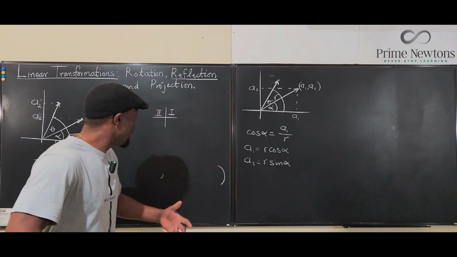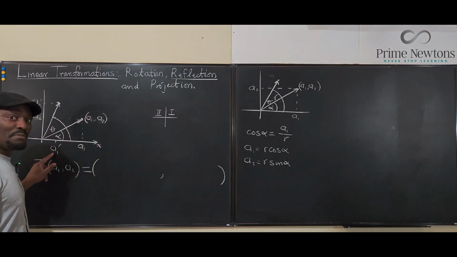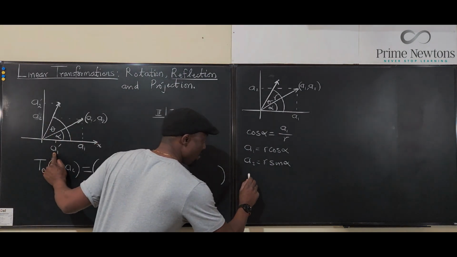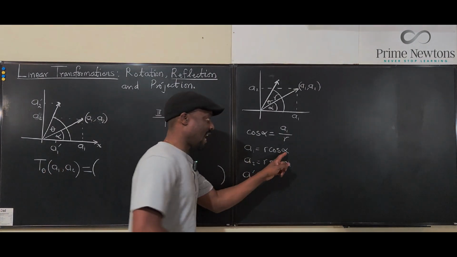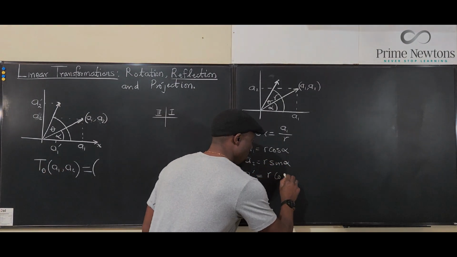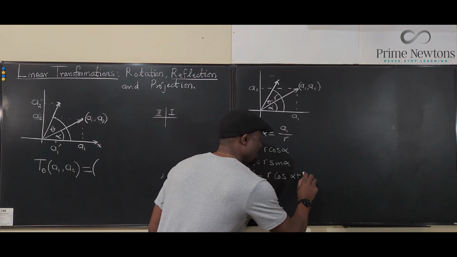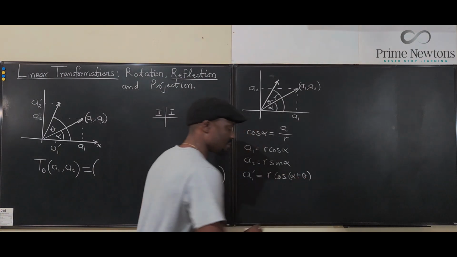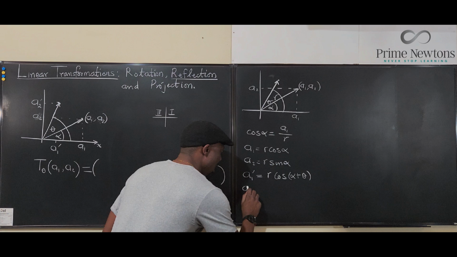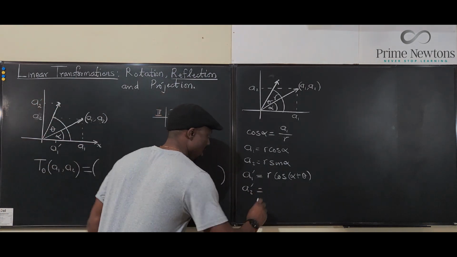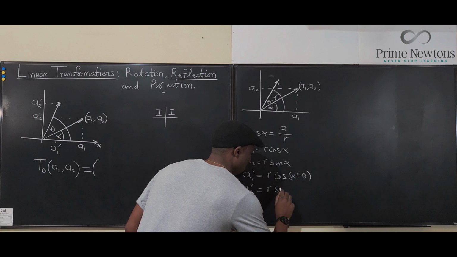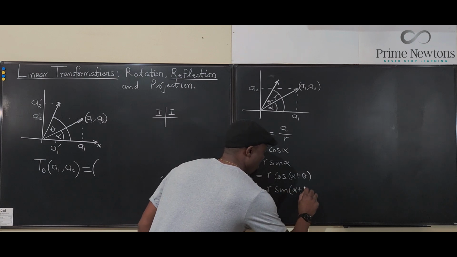So the new A1 prime is not R cosine alpha. It is R cosine alpha plus theta. And A2 prime, the new A2, this guy up here, is R sine alpha plus theta.